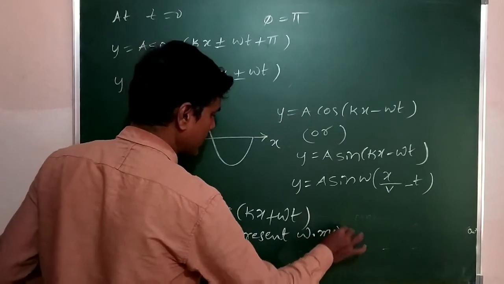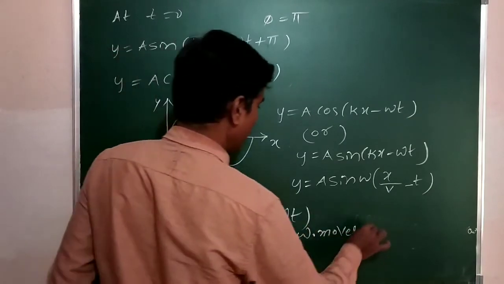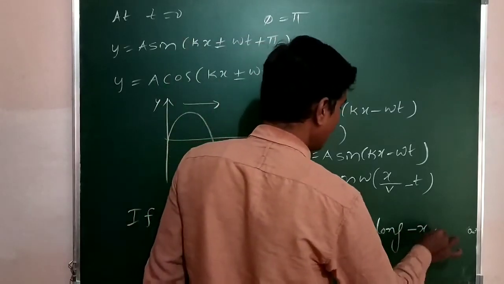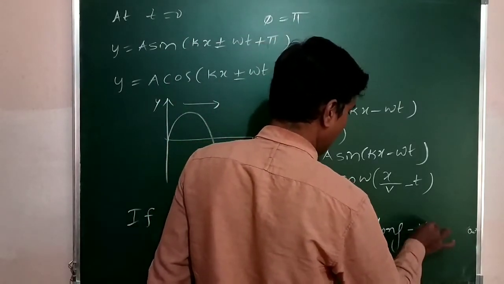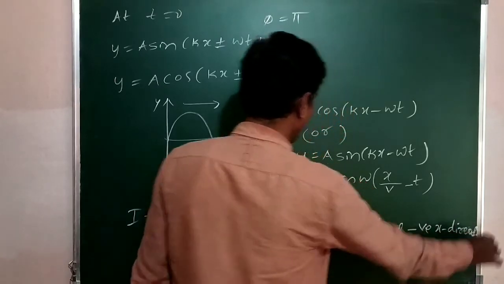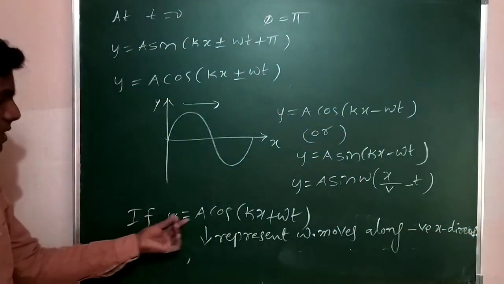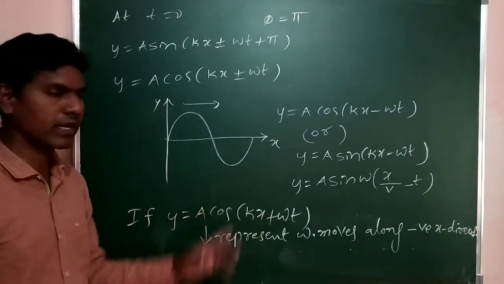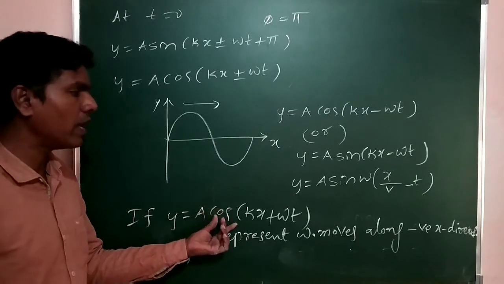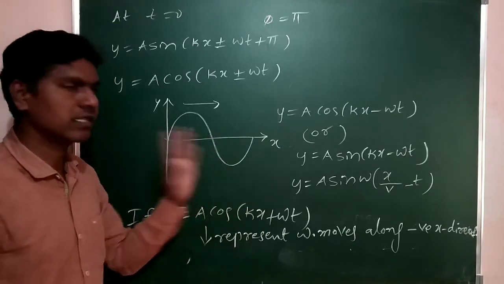We can write y equal to a cos of kx plus omega t, or y equal to a cos omega of x by v plus t.